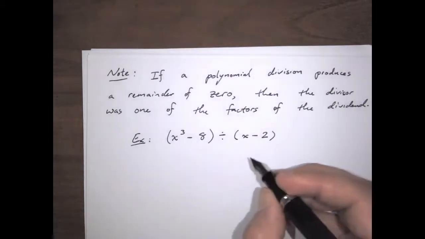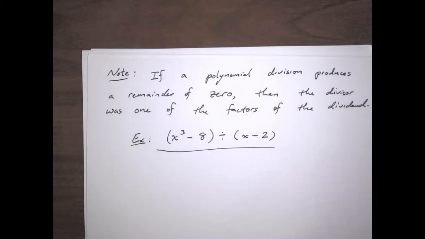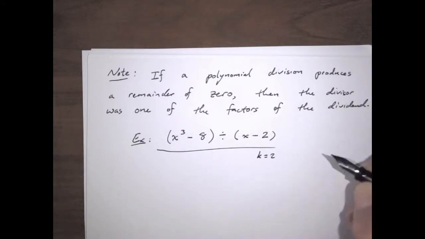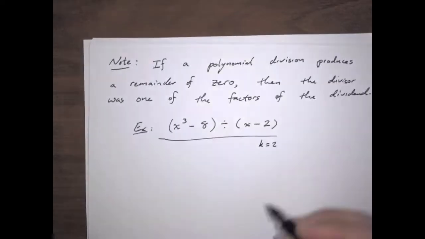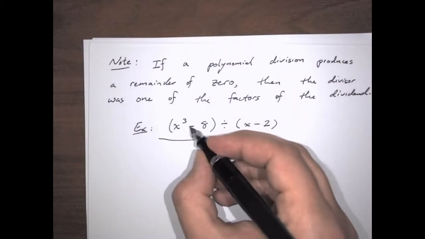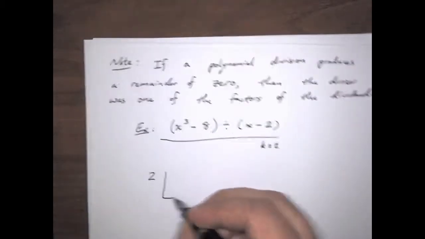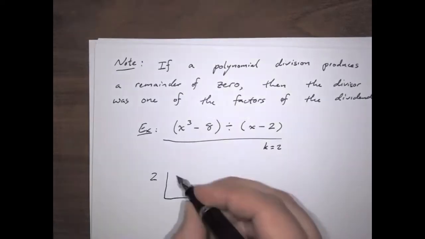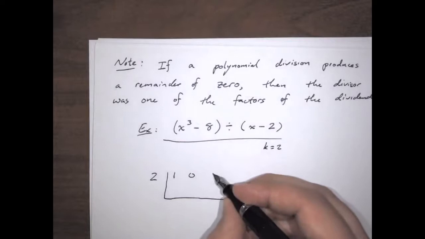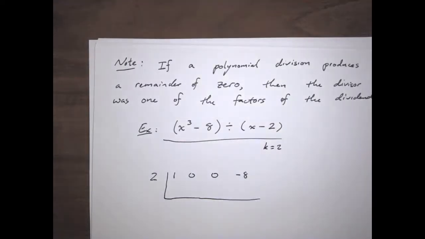So here we can actually do the synthetic division if we want, or we can do it with long division if that's your cup of tea. In any case, if I do it with the synthetic division, k is going to be 2, and we're going to need to account for the missing terms here. So there's going to be a 1 for the first coefficient, 0 for the x squared, 0 for the x, and negative 8 for the constant.